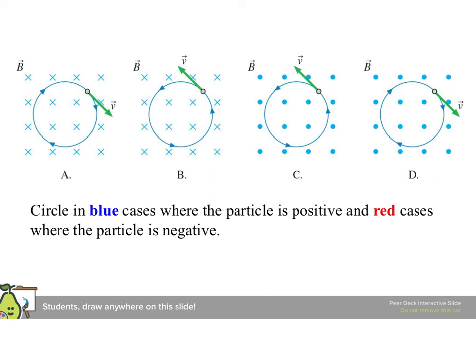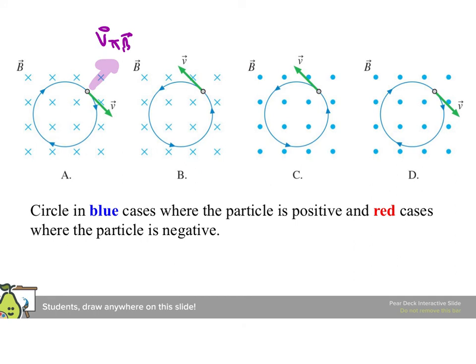All right, circle in blue the cases where the particle is positive, and circle in red the cases where the particle is negative. So let's take case A. If I put my finger along V and my index finger into the page, I find a force that is going outward, or I find V cross B. This is V cross B, and it's pointing the wrong way.